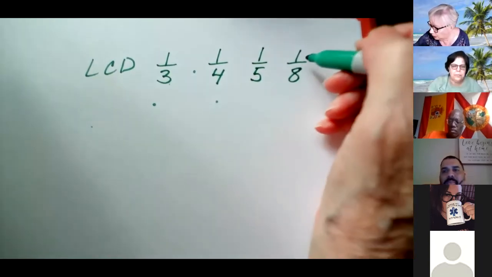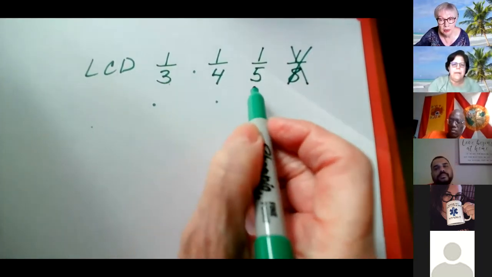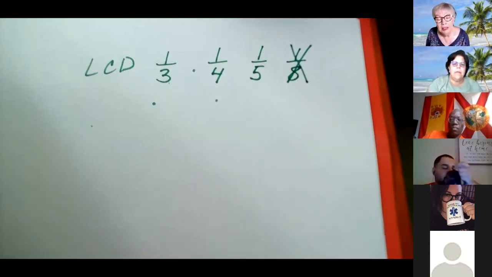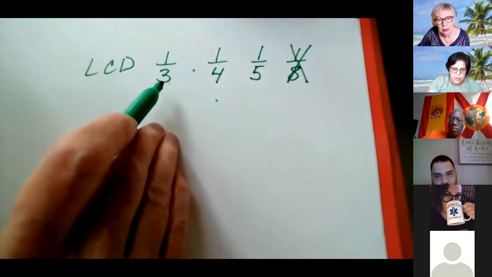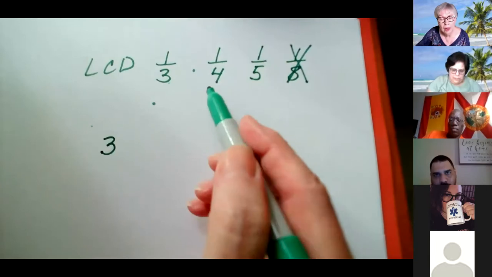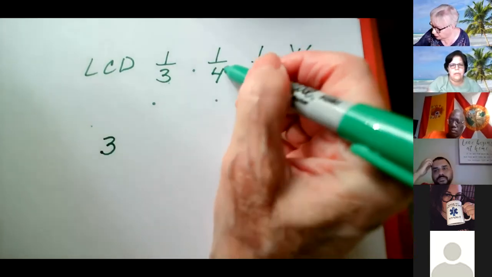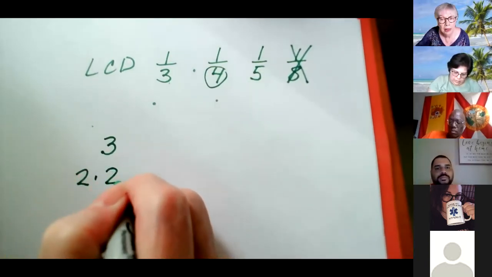Let me take this one out for the moment and see if we can do this much, and then I'll bring in the 8. The simplest way to do this probably is with primes. The 3 is already prime, okay? 4, we just did it a minute ago, is actually 2 times 2, right?